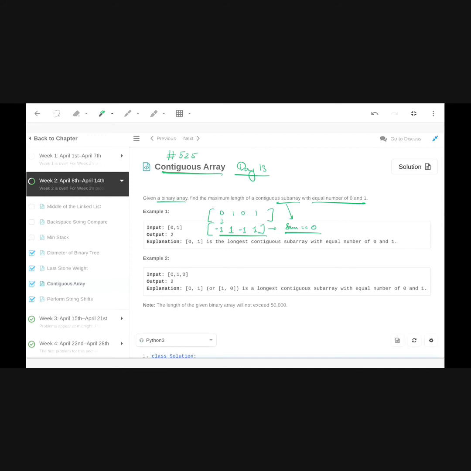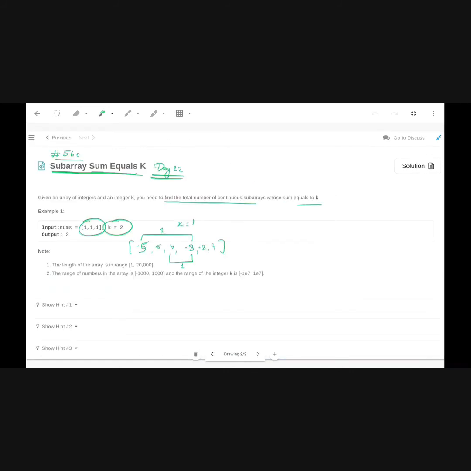Because if the sum equals 0, that means it has an equal number of zeros and ones. So it is a similar question to what we have today. We just need to find the total number of such subarrays whose sum equals k.